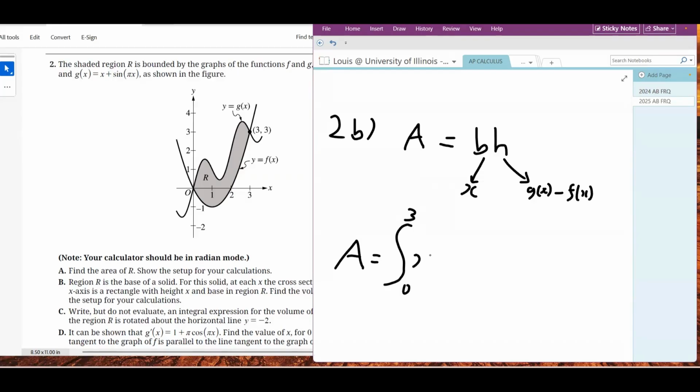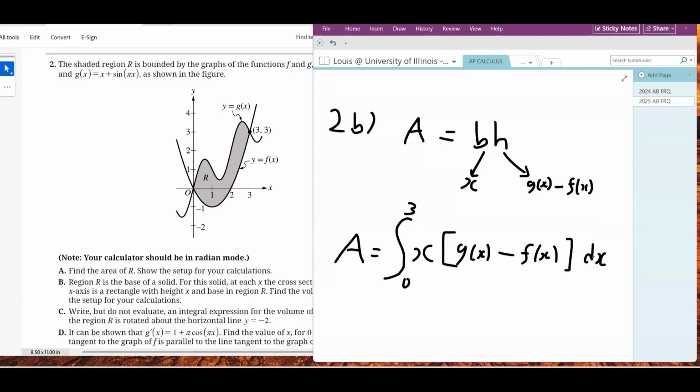And we're going to say x times g of x minus f of x and put a dx.